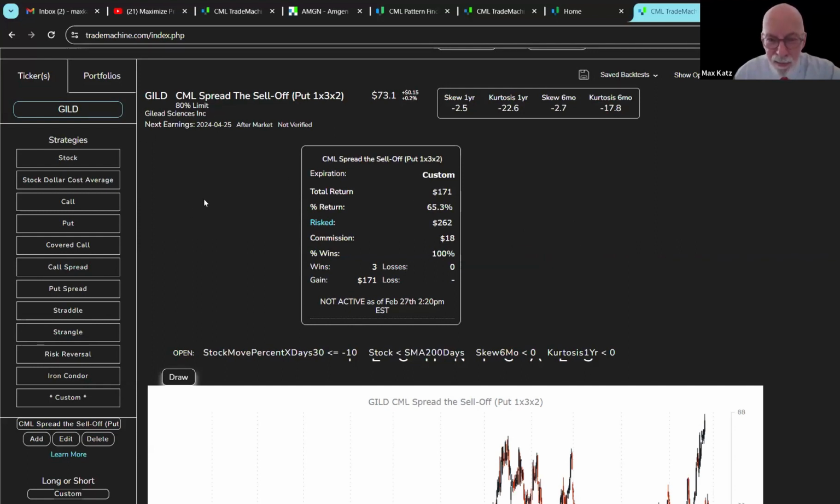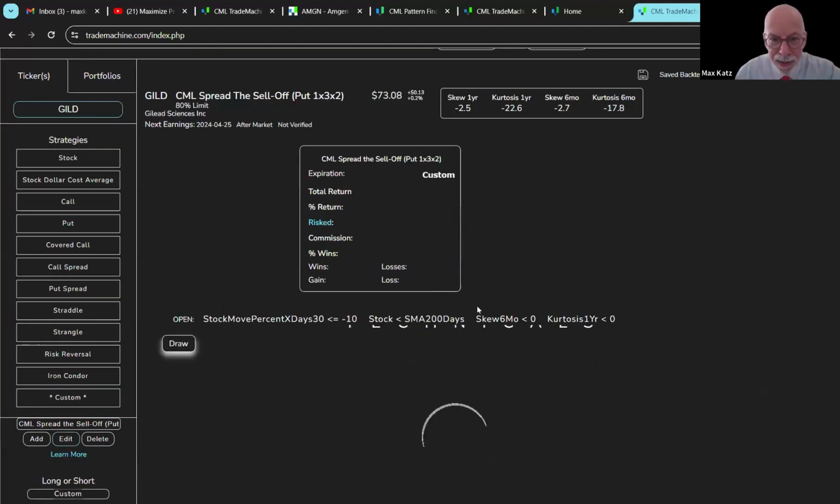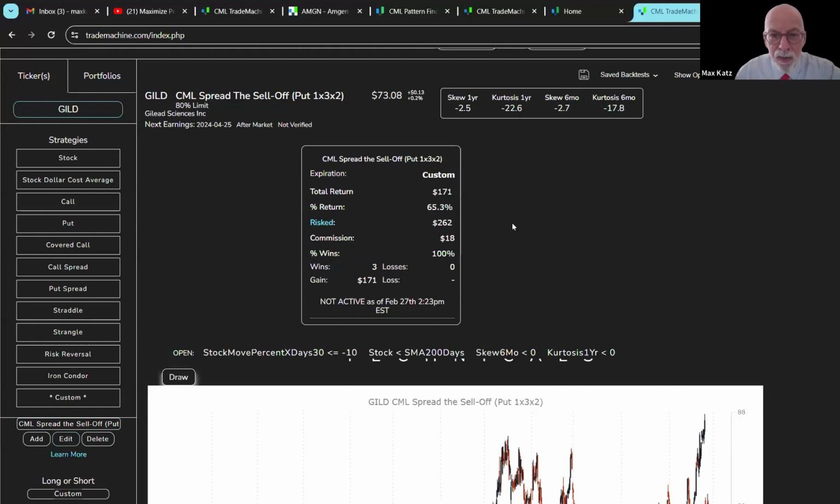And if it's a GTC, good till canceled, order to buy back the GILD option spread, which is long 1 37 delta put, short 3 25 delta puts, and long 2 10 delta puts, if that unbalanced butterfly is worth 60 cents because they put it on for a $3 credit, then that GTC trade will be executed and they will close the trade at that 80% limit.